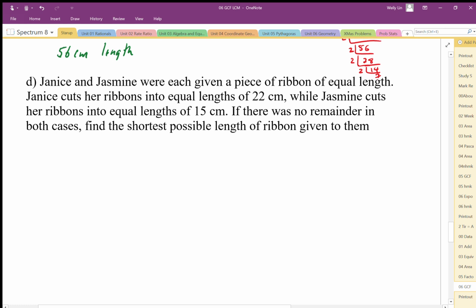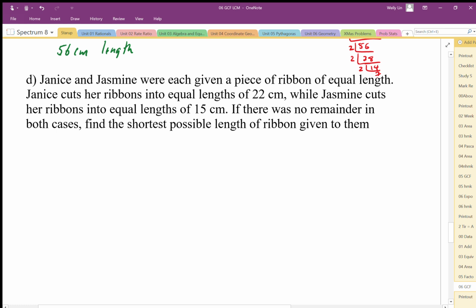Okay, here Janice and Jasmine are each given a piece of ribbon of equal length. Janice cuts her ribbon into equal lengths of 22, and Jasmine cuts hers into equal lengths of 15. Let's sketch a little picture. This is Janice, and she gets some length here, and hers goes 22, 22, dot, dot, dot.